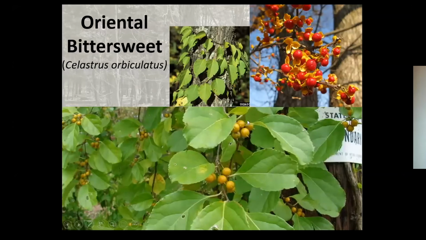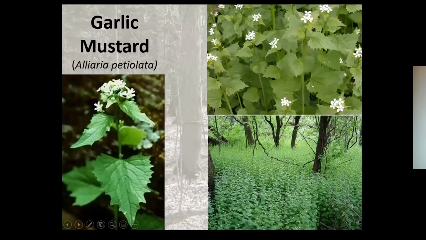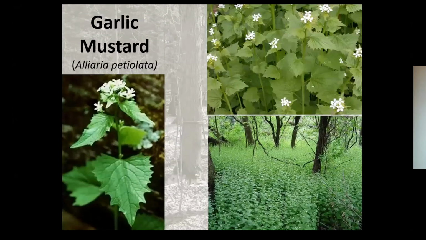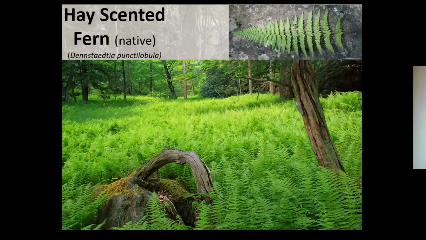Oriental bittersweet will impact more mature trees, as it is a climbing vine going up the plant, wrapping around the tree. Not that it's going to girdle it, but it'll go out onto branches and cover up the leaves of our maples or whatever other trees we want to have growing there. In the understory, some herbaceous plants like garlic mustard can really wipe out regeneration as well.